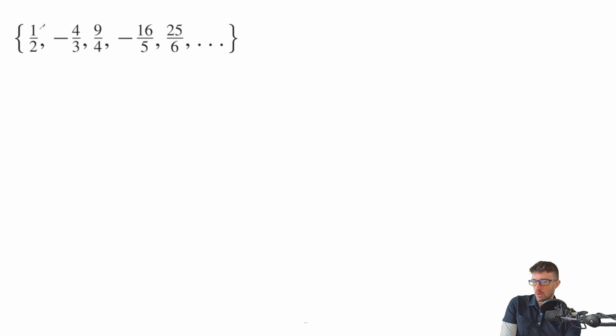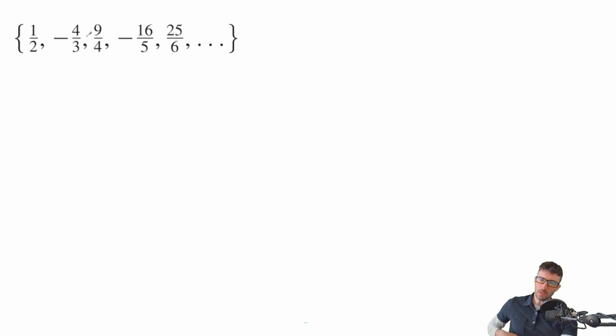Okay, does it look like we're adding or subtracting the same thing each time? No. Does it look like maybe we're multiplying by the same thing each time? Well, the first time I'd be multiplying by, oh God, that's a nasty fraction to even come up with. It would be whatever 4/3 divided by 1/2 is, and is that really going to work for each one?